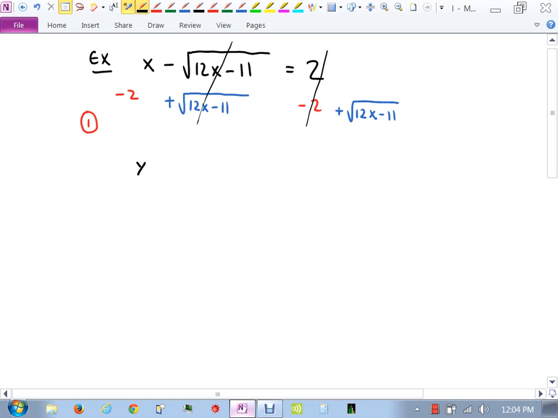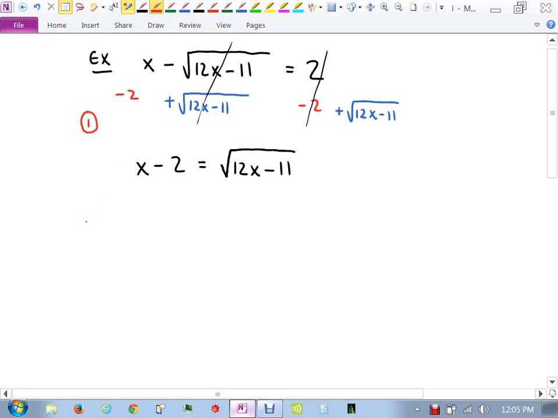Okay, so it's x minus 2 equals what? The square root of 12x minus 11. Perfect. And does everyone see what happened? Any questions on where I got that?